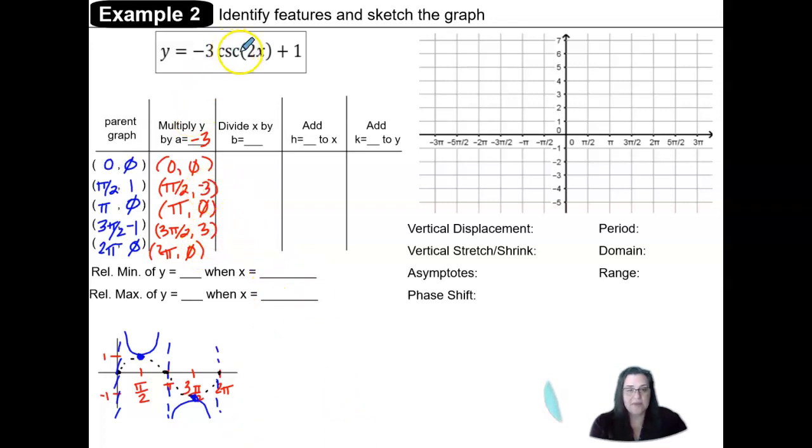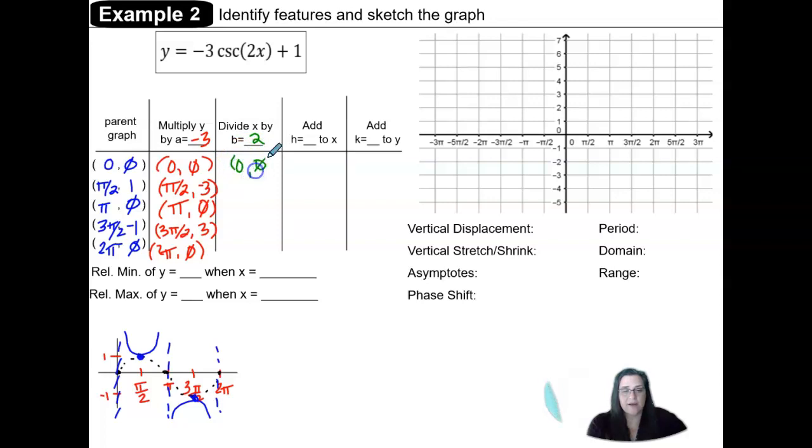Okay, now the b value is the coefficient on the x, and here the b is a 2. That's a horizontal stretch or shrink, and it's a positive, so there's been no reflection in the y-axis. So we're going to divide each of these x coordinates by 2. 0 divided by 2 is still 0.